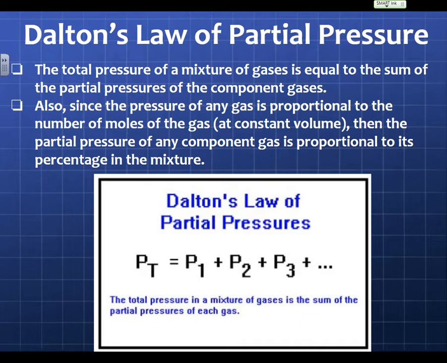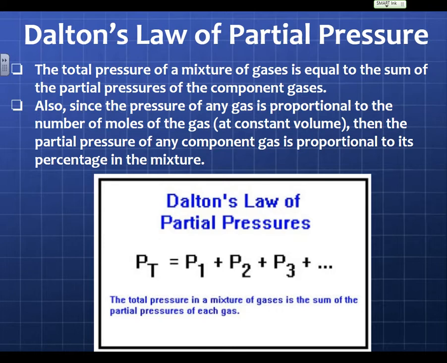So if we know the total pressure in the container, and we know that 20% of the gas in that container is oxygen, and 20% is nitrogen, and 15% is hydrogen, and so on, we can take those percentages and determine what the partial pressure of each gas in the container is.